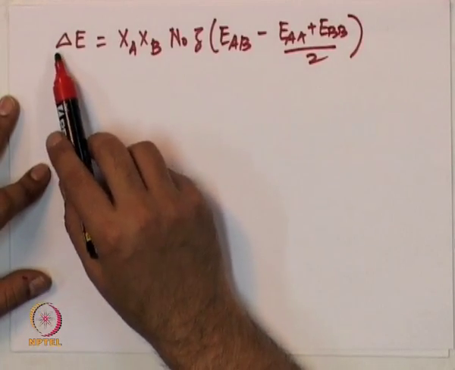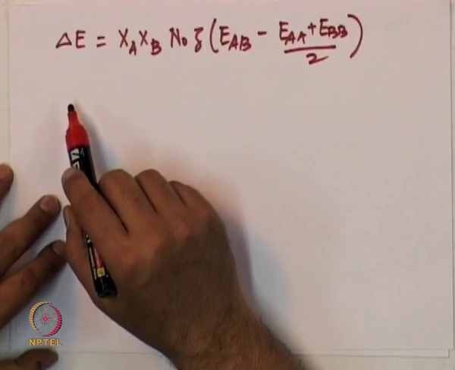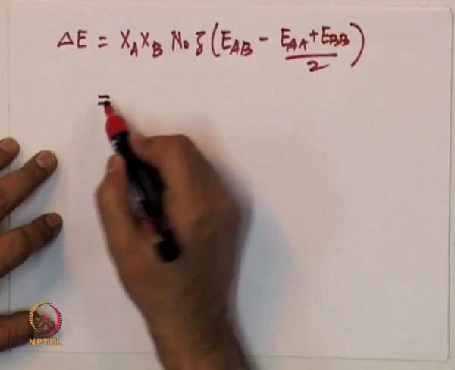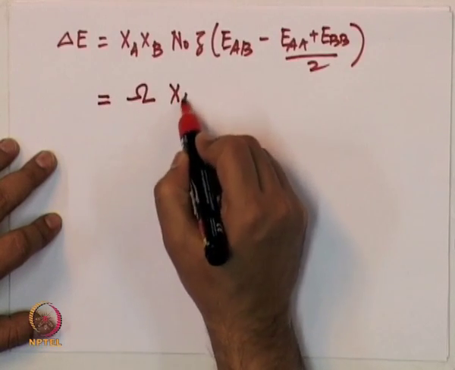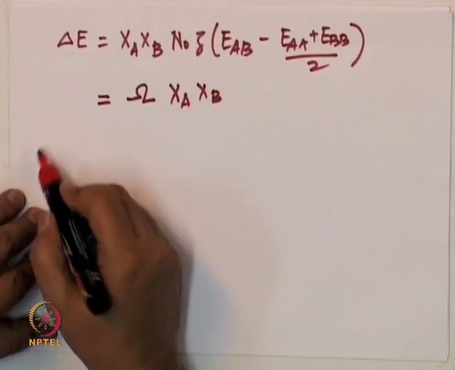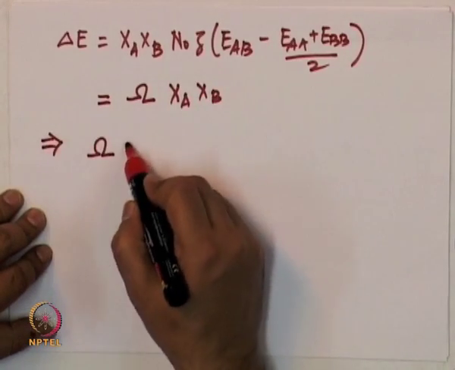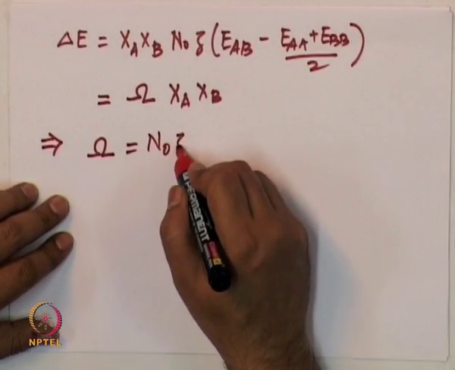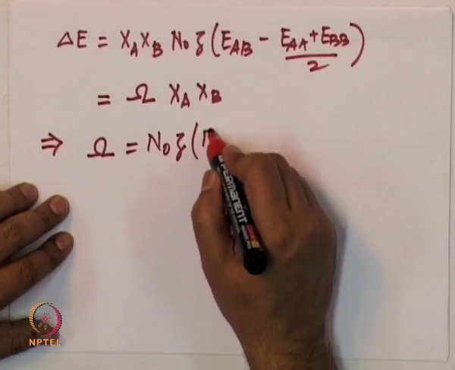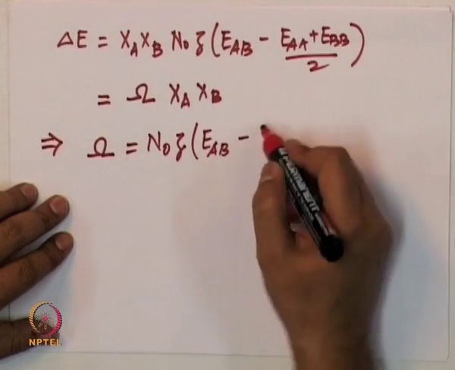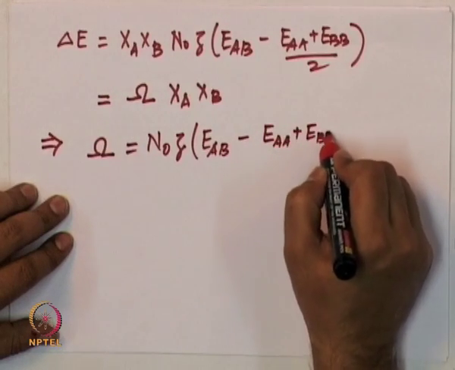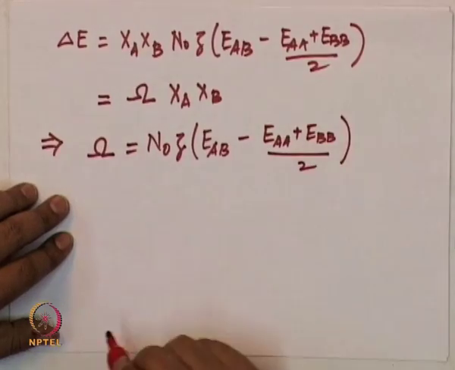2. This is basically the change in energy, delta E mix as we defined, and this was written as omega XA XB, which implies that omega, the regular solution parameter, is nothing but N0 times Z times EAB minus EAA plus EBB by 2.